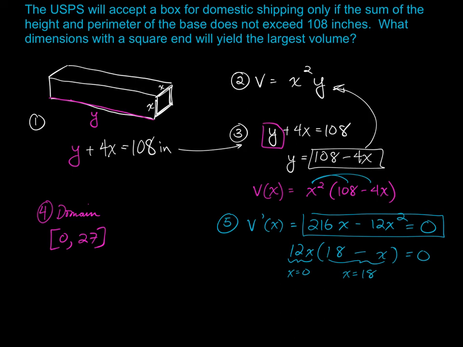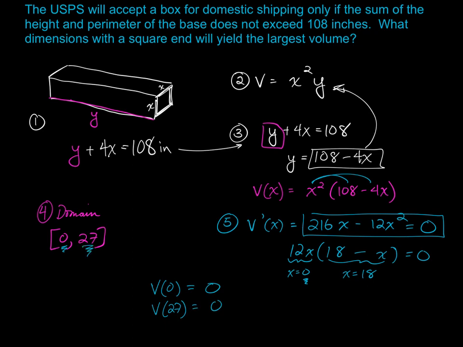So then we just have to use the extreme value theorem to find the max and the min. It's just v of 0, that's one endpoint, and a critical value as well. It is 0. You can see that if you substitute 0 in here. The other endpoint, v of 27, also equals 0.